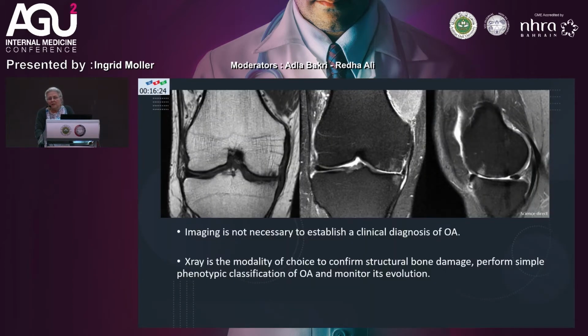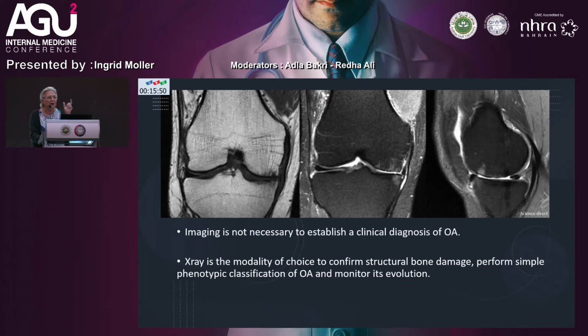What is curious is that imaging is not necessary to establish a clinical diagnosis of osteoarthritis, so we are wasting our time, we can leave. Well, not so. We have the X-ray, that is the modality of choice, the one included in every clinical trial, but when we are using X-ray, we are confirming that there is bony damage. This is from late stages of evolution.